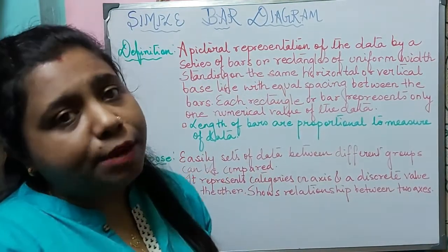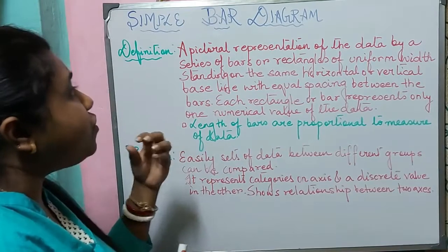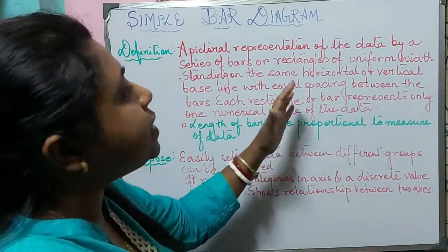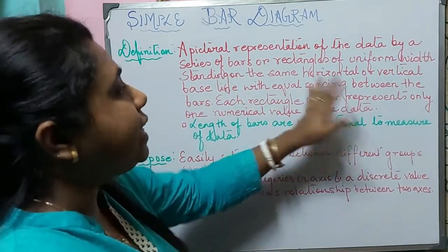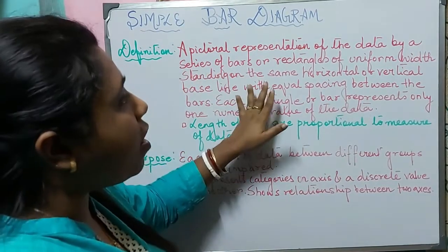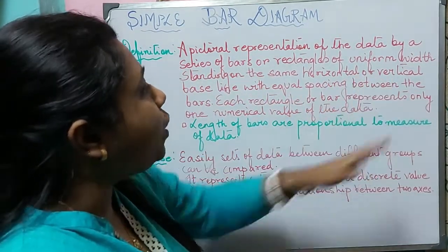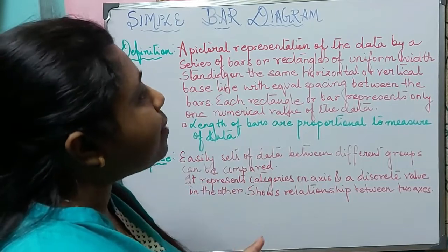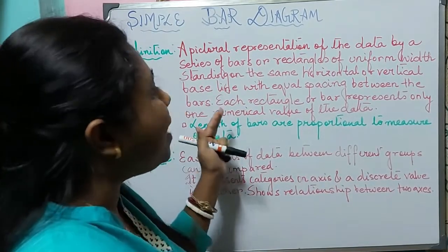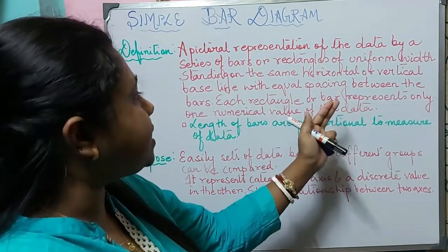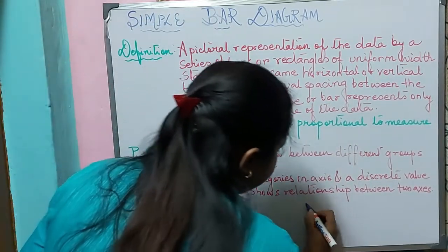Now what do you mean by a bar diagram? It represents a pictorial representation of the data by a series of bars or rectangles of uniform width, standing on the same horizontal or vertical baseline with equal spacing between the bars.